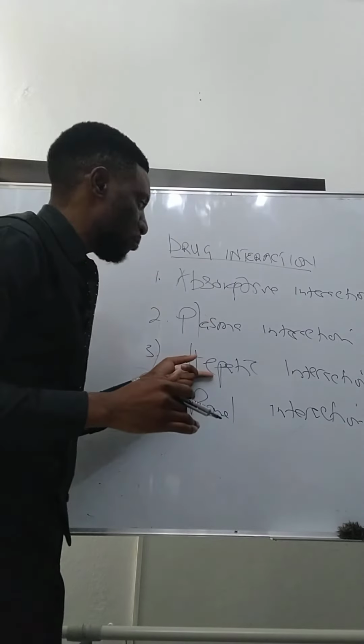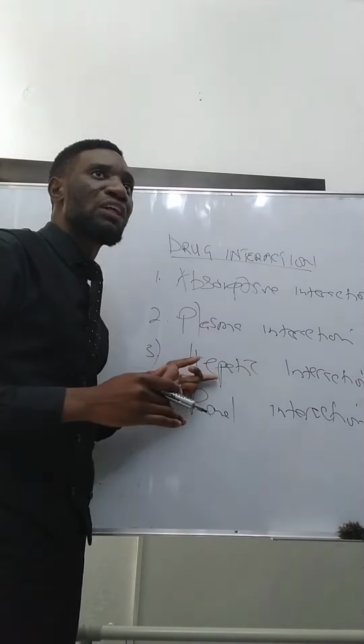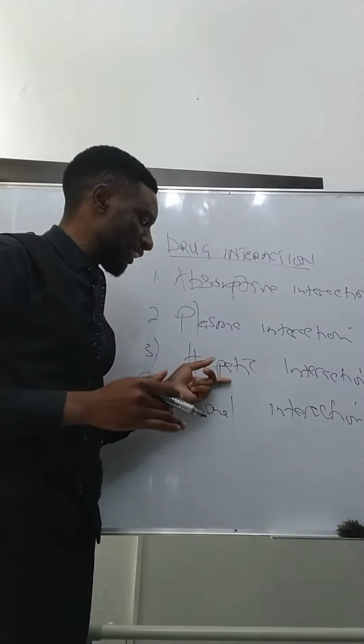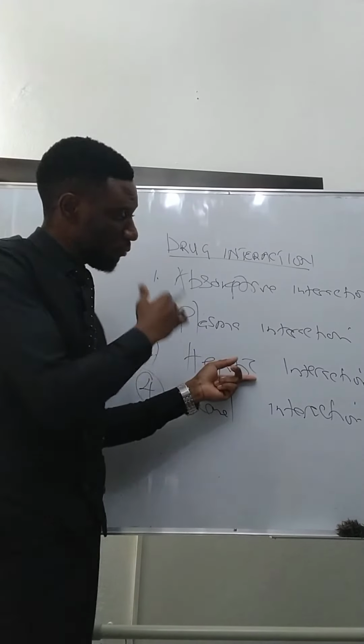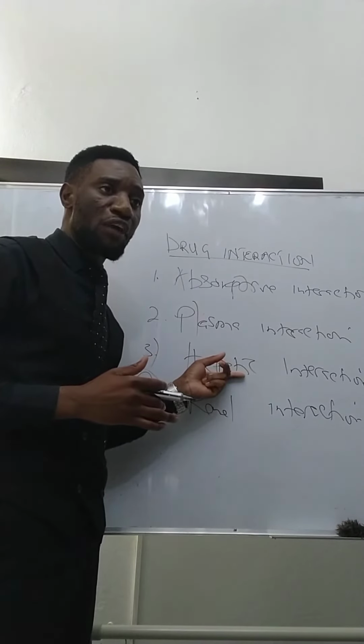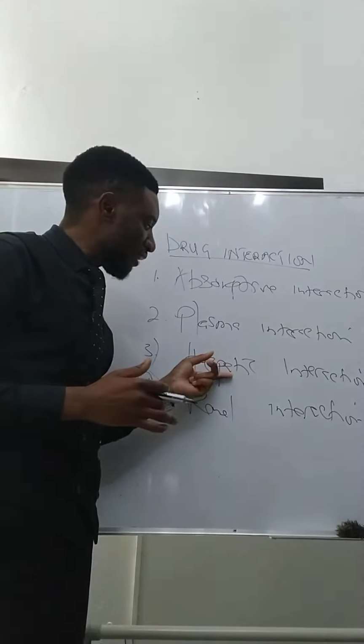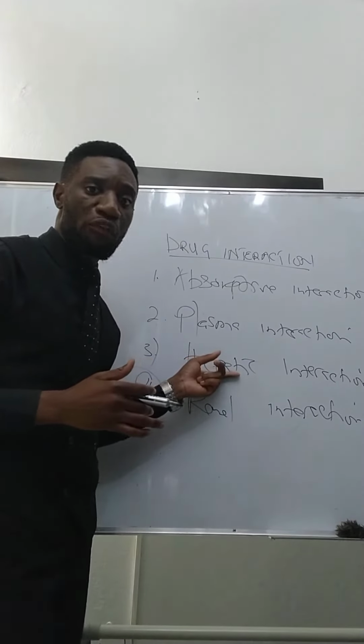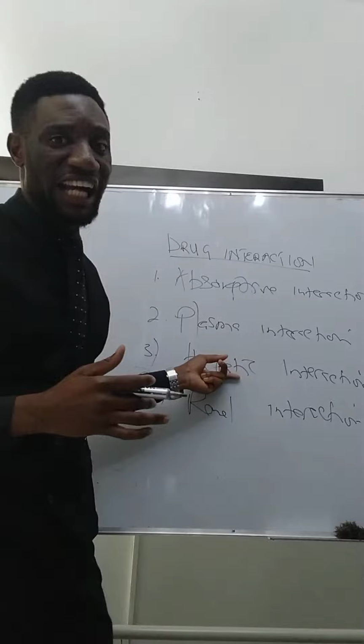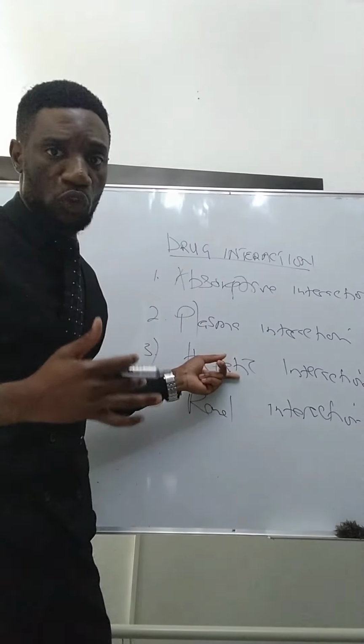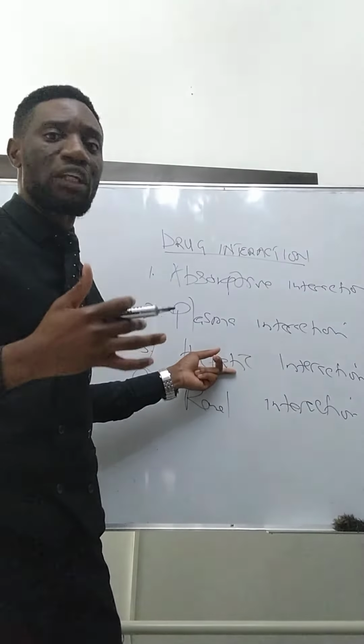We also have hepatic interaction. This is the most common type of interaction. All of these are important, but this one affects the majority of drugs. With hepatic drug interactions, we are referring to the cytochrome P450 isoenzyme system, where drugs interact at the level of metabolism.